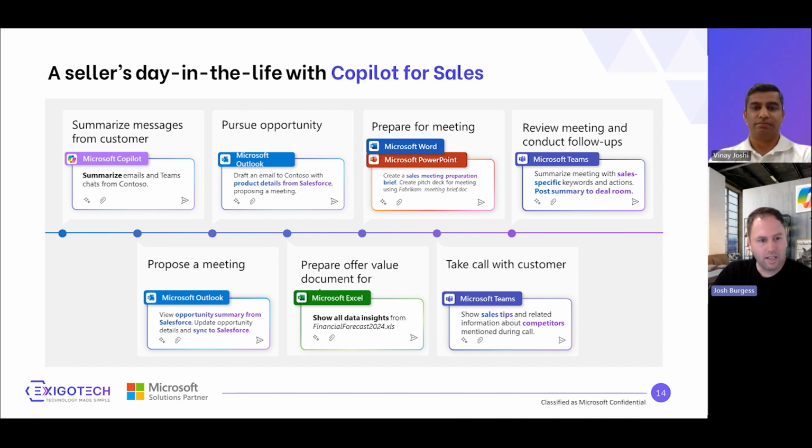So if you're looking to extend that, this is where the magic happens, you can switch Copilot for Sales on, and that's going to connect your CRM to this journey. If you look at this use case, from this point on where you work with opportunities, you'll be able to pull in product information, competitor information. You'll be able to prepare specific customer meeting briefs within PowerPoint, for example.